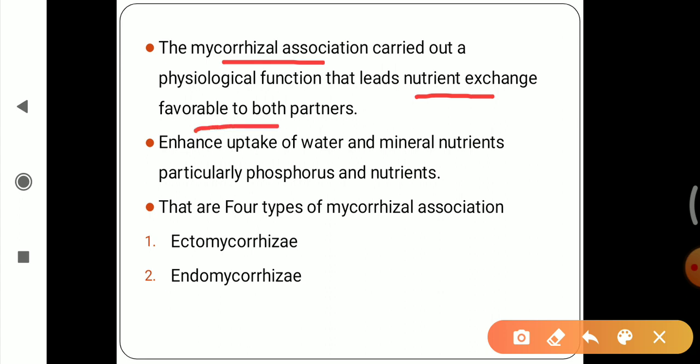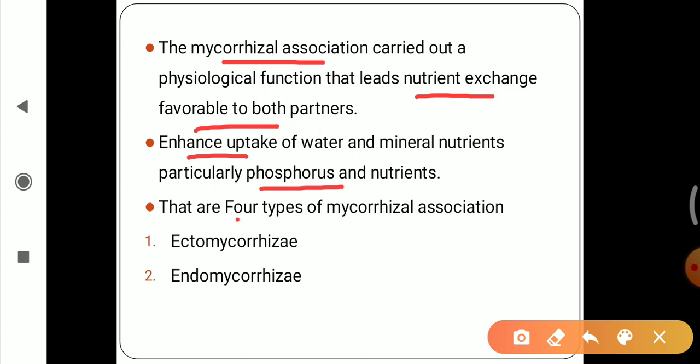There is a kind of mutual association between the fungi and the plant's roots. One way or another, they both help each other, which is favorable to both the fungi as well as the plant root. It enhances uptake of water and minerals, particularly phosphorus.